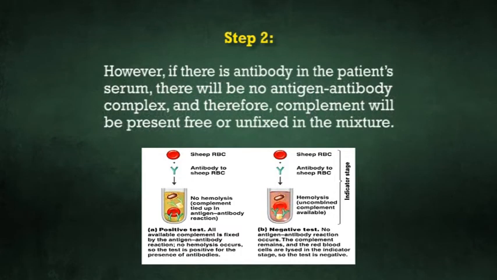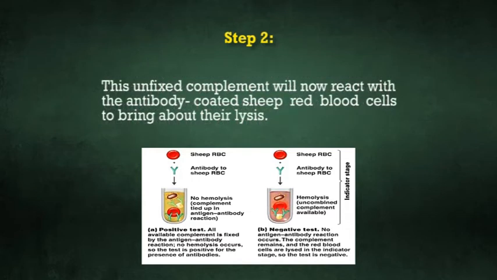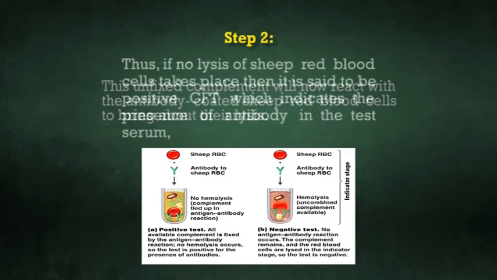However, if there is no antibody in the patient's serum, there will be no antigen-antibody complex, and therefore complement will be present free or unfixed in the mixture. This unfixed complement will now react with the antibody-coated SRBC, sheep red blood cells, to bring about their lysis.